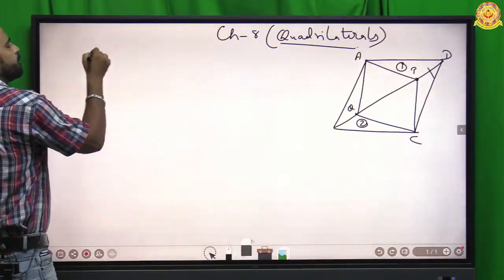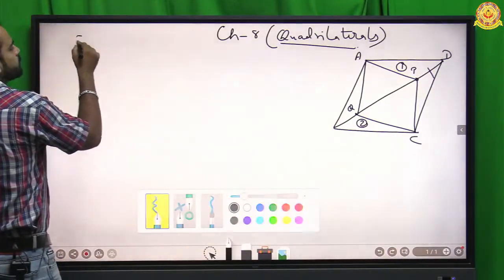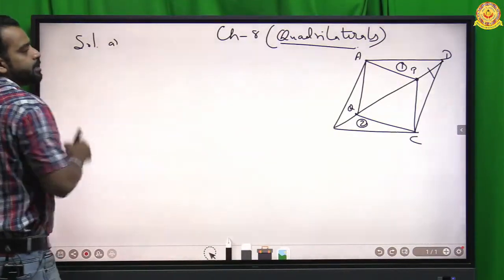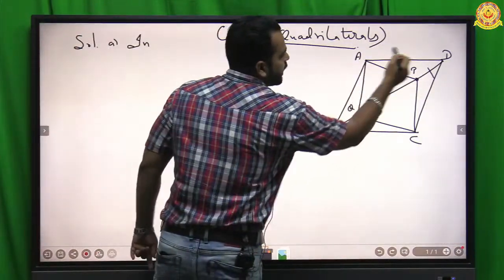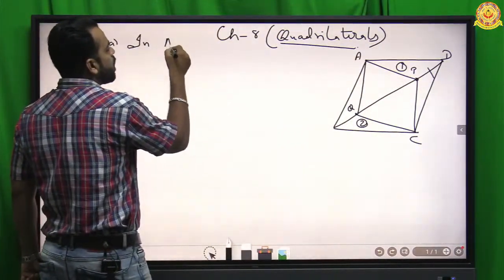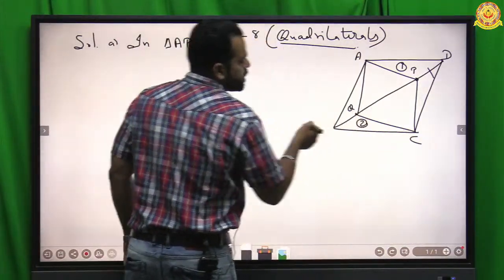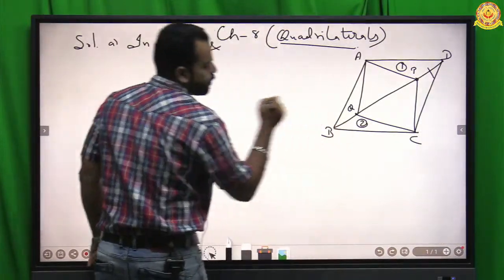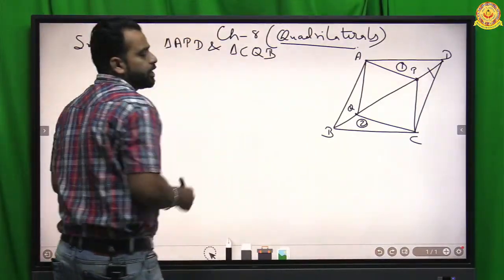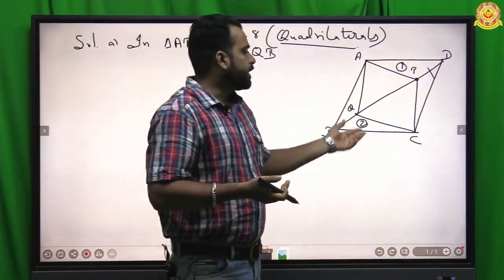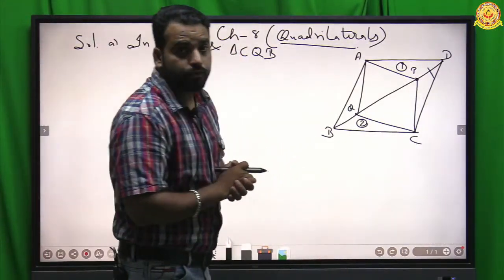So we write the triangle names: in triangle APD and triangle CQB. First of all we select these two triangles, and now we can prove that these two triangles are congruent. Can you tell me by which congruency criteria these two triangles are congruent?